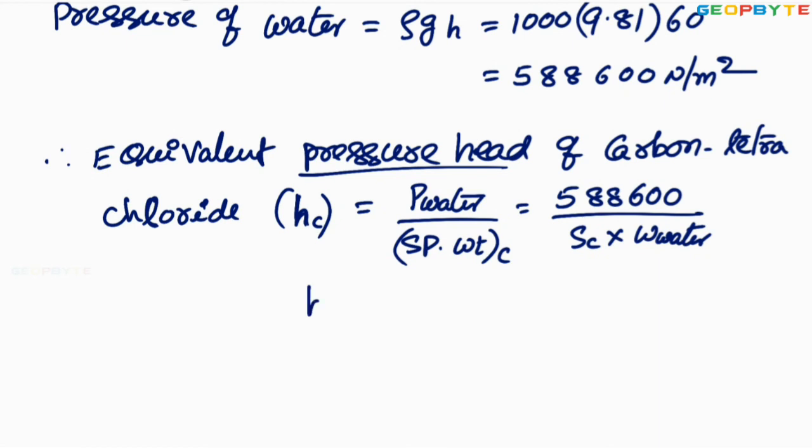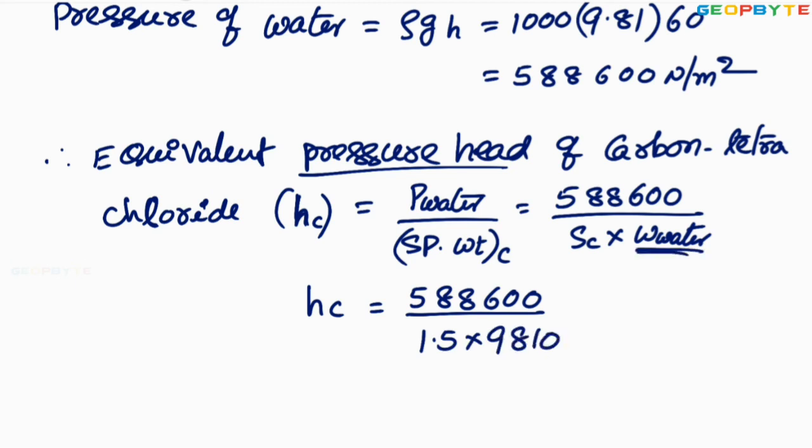So the pressure head of the carbon tetrachloride is 588,600 divided by the specific gravity of the carbon tetrachloride, given 1.5, into the specific weight of water, 9810. You simplify this value for getting 40 meters of carbon tetrachloride.